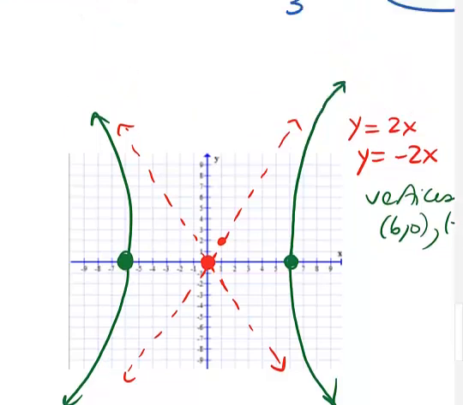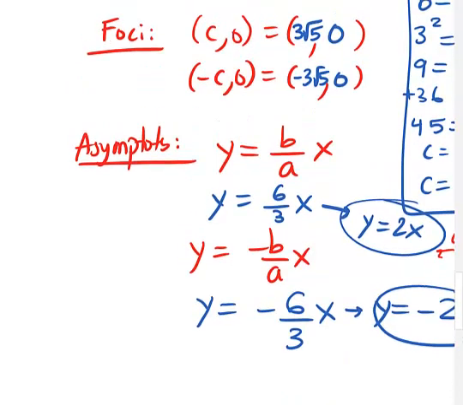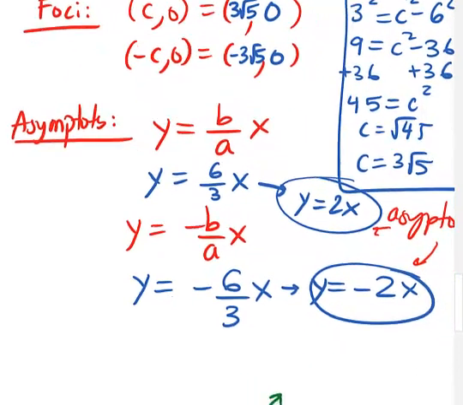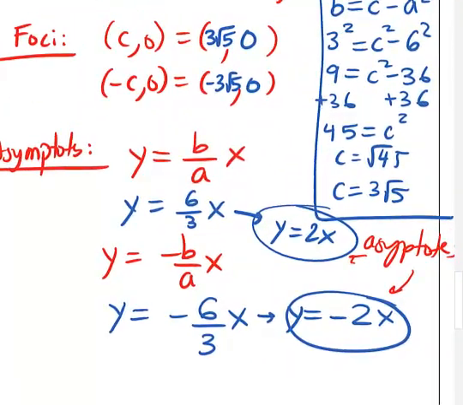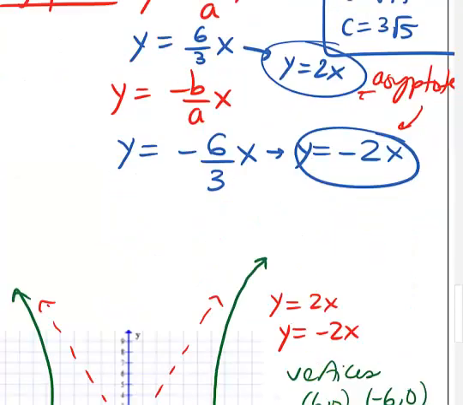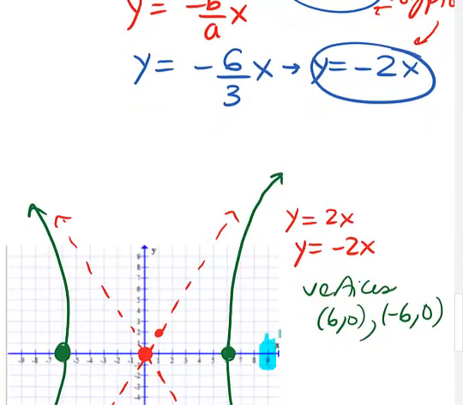And then where did we say the foci were? 3 root 5, 0, negative 3 root 5, 0. Let's see, 3 root 5, that's about somewhere between... wait, no, sorry. Well, I'm just going to say it's around here.